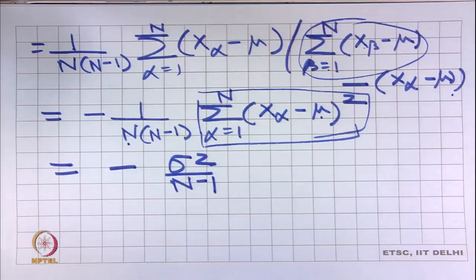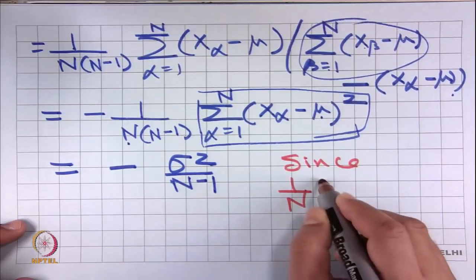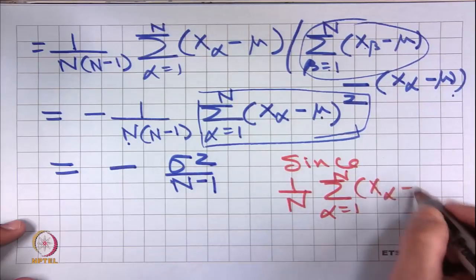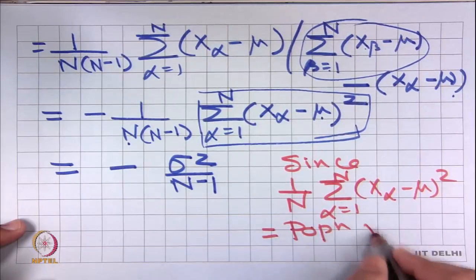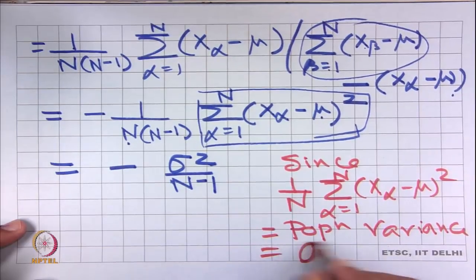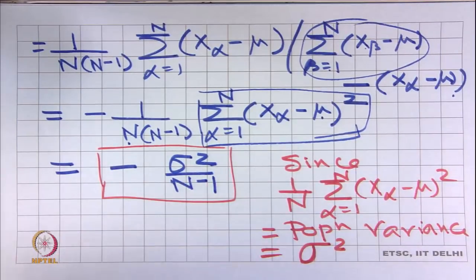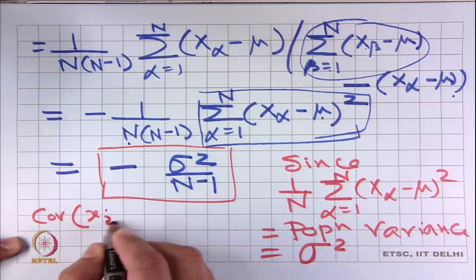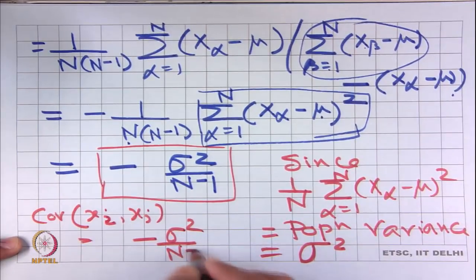Since 1 upon n sigma alpha equal to 1 to n of x alpha minus mu whole square is the population variance, equal to sigma square, we have got that the covariance between x i and x j is equal to minus sigma square by n minus 1.